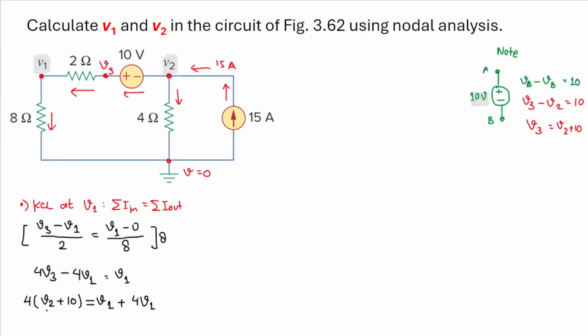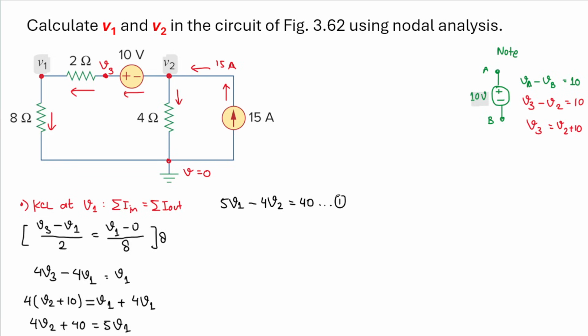We can distribute this 4, so I will have 4V2 plus 40, and that will equal 5V1. Let's rearrange this: 5V1 minus 4V2 equals 40. I think we can save this as equation number 1.